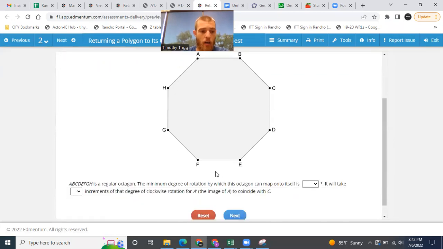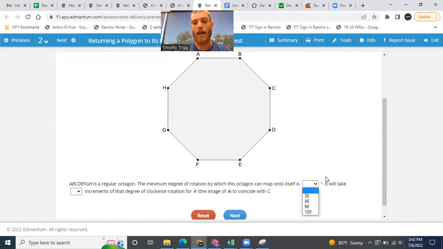So here we have an octagon, that's 8 sides. The minimum degrees of rotation by which the octagon will map onto itself is, so this is the lowest number of degrees to map onto itself. So in order to do that, you take the 360, because the 360 is always the full rotation, and divide by the number of sides.